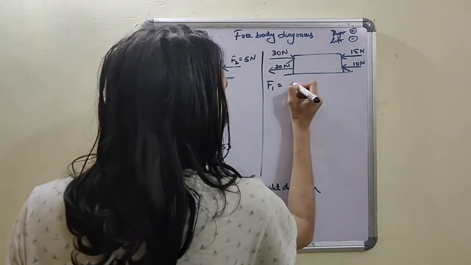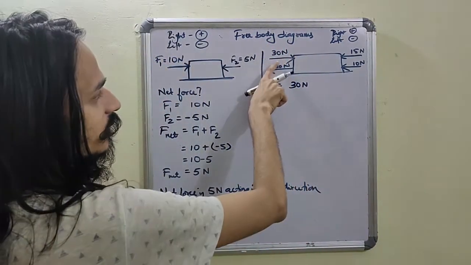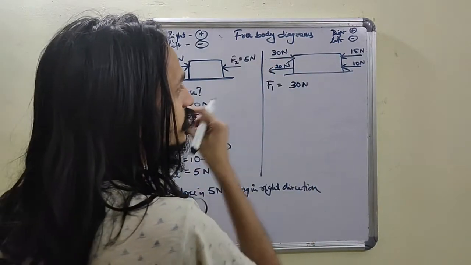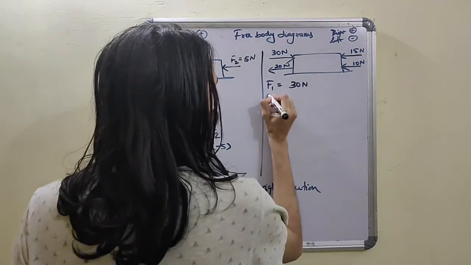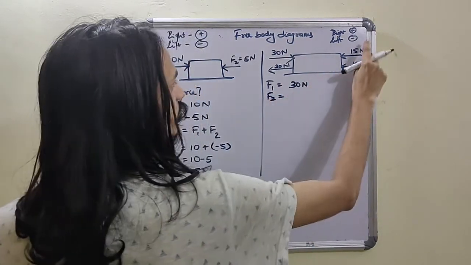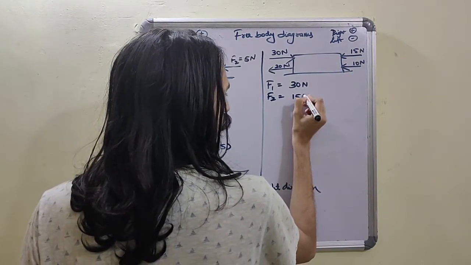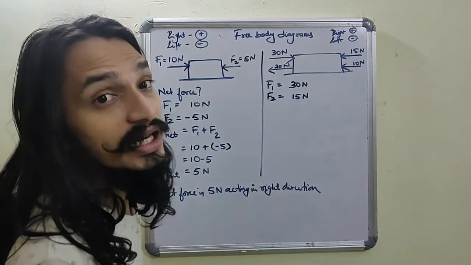So F1 is 30 newtons. Now look at the arrow. It's pointing right, so that means it is a positive value. Next I'll come to this one, F2. This is 15 newtons, but in which direction is it pointing?